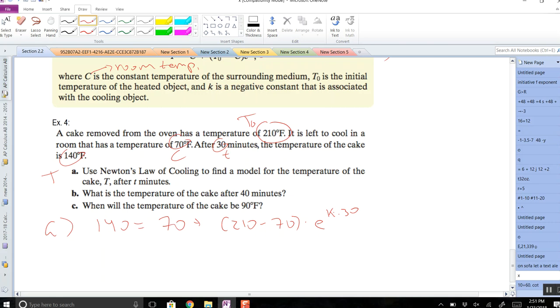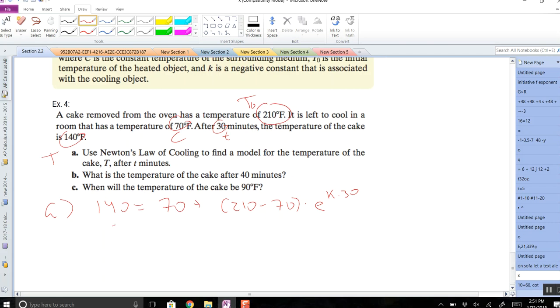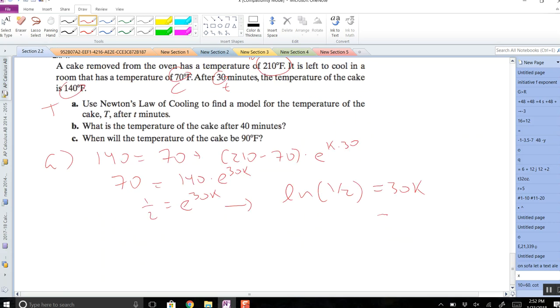If I want to work this out, again, it's very similar to the way we've worked out all the other examples. You want to isolate the power. Divide by 140. Write it as a log. And use your calculator. Trust it, it will help you out.